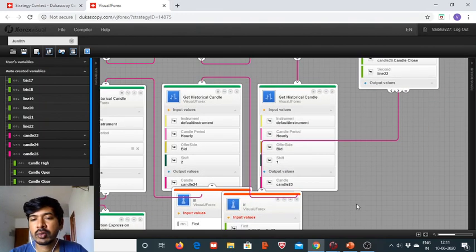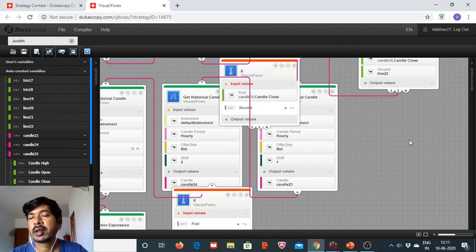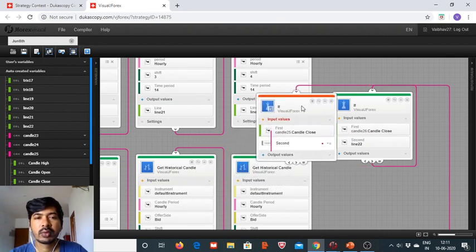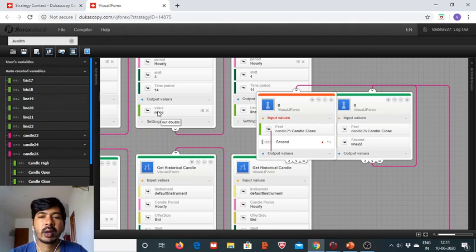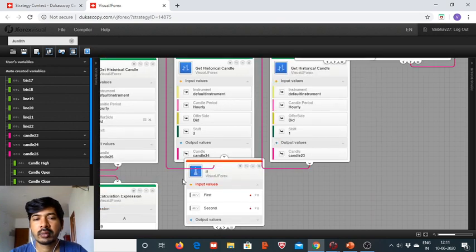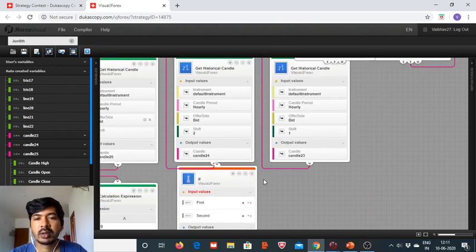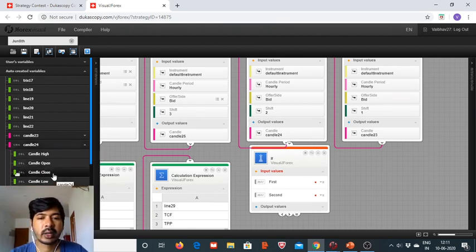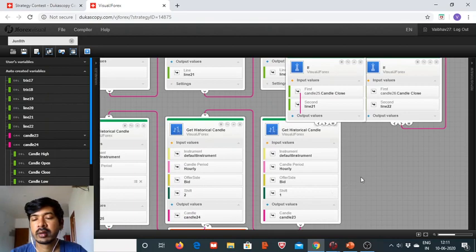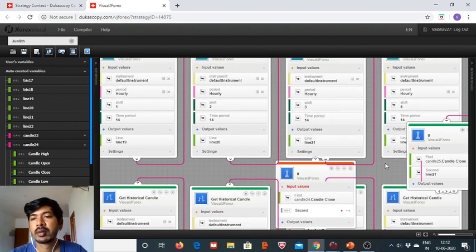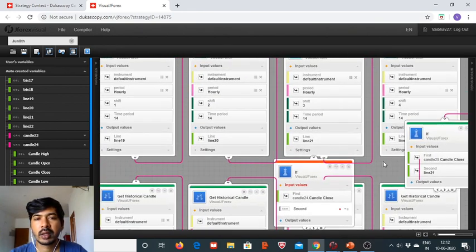Now the candle 25 close should be higher than that TSF value, so that will mean it should be higher than line 21, and then comes the candle 24 closing level, and the candle close should be greater than line 20.